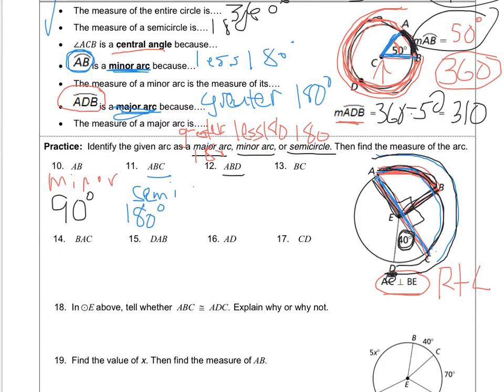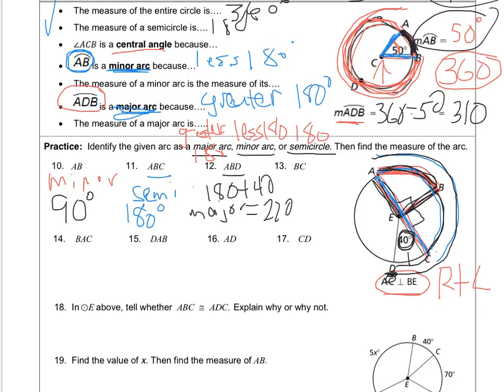The central angle is 40. Doesn't that mean the arc DC is 40? So don't we have 180 plus 40? Okay. So it's not a minor arc, and it's not a semicircle. So it's a major arc. And what does it equal? Well, 180 plus 40 is 220.